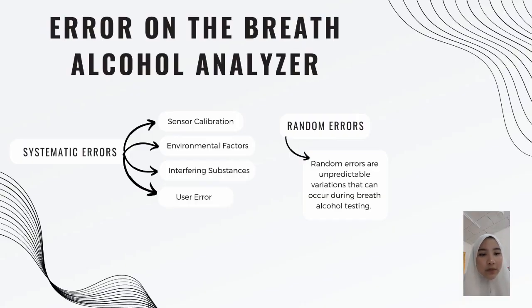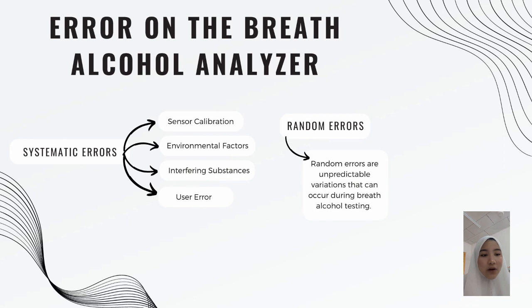Errors can occur in breath alcohol analyzers, which can affect the accuracy of measurements. These errors can arise from various sources and can be categorized into two main types, which are systematic errors and random errors. Systematic errors are consistent errors that occur due to factors that consistently impact the accuracy of the breath alcohol analyzer.